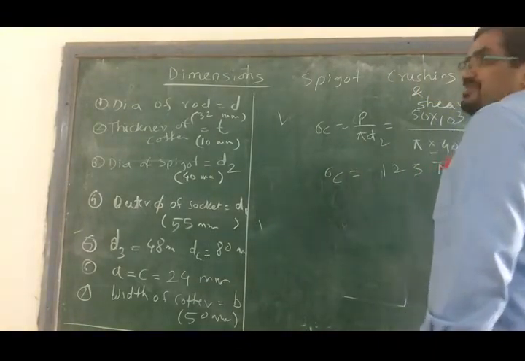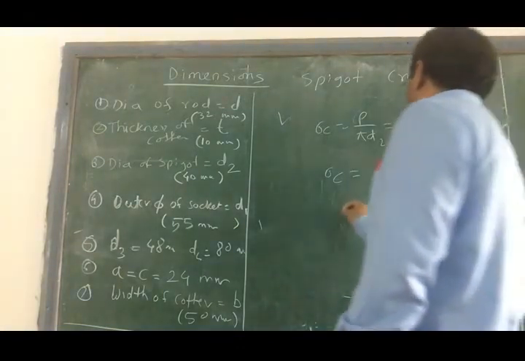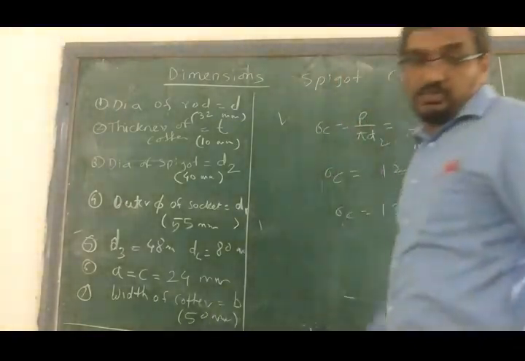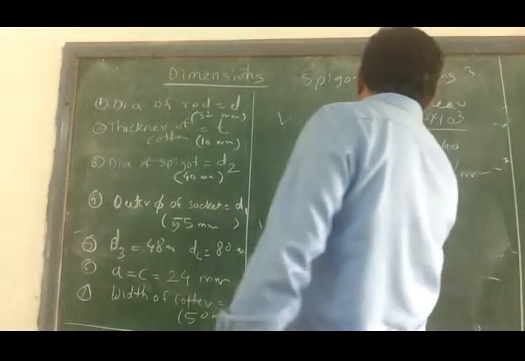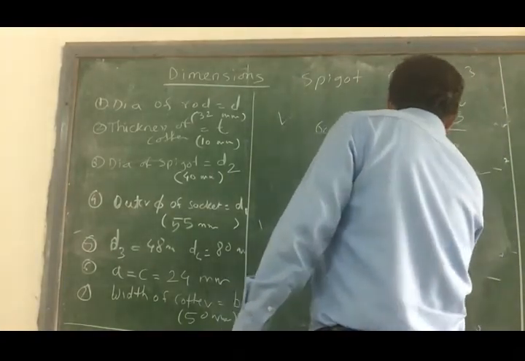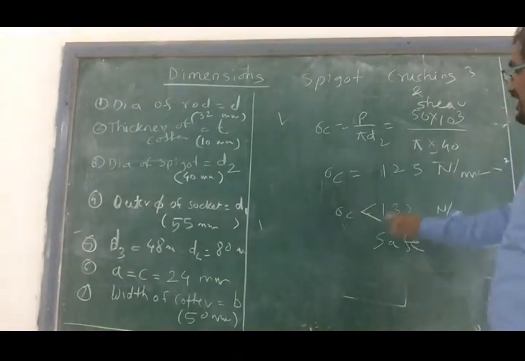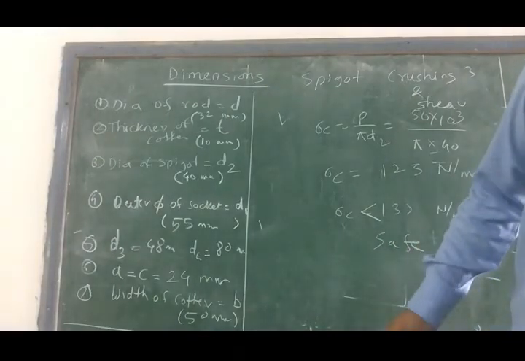And what was the limiting stress for the sigma C? Limiting stress for sigma C was 133. So this sigma C, whatever crushing stress we are getting, is less than 133. So we say our design is safe. So it is safe for the crushing. Crushing stress we got is less than the allowable crushing strength. So the design is safe in that case.